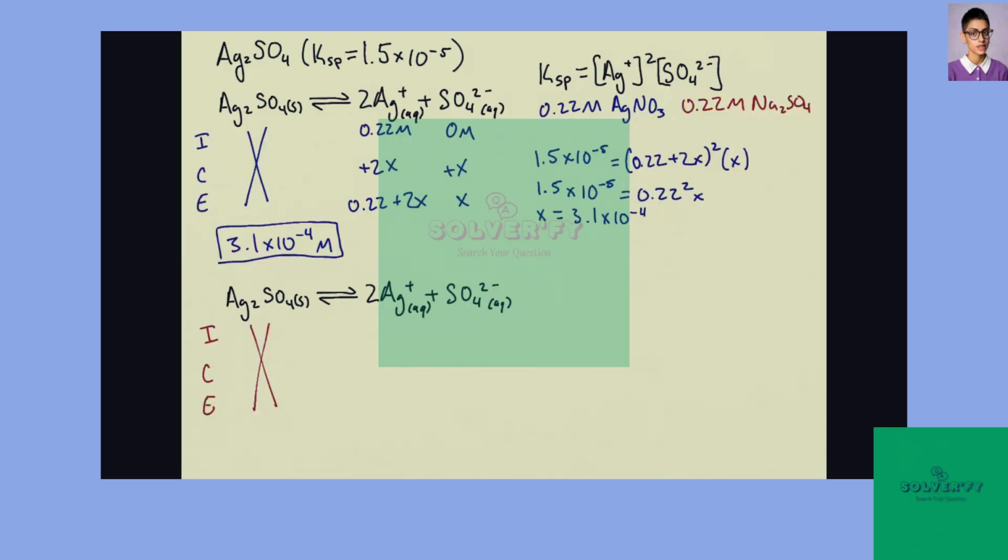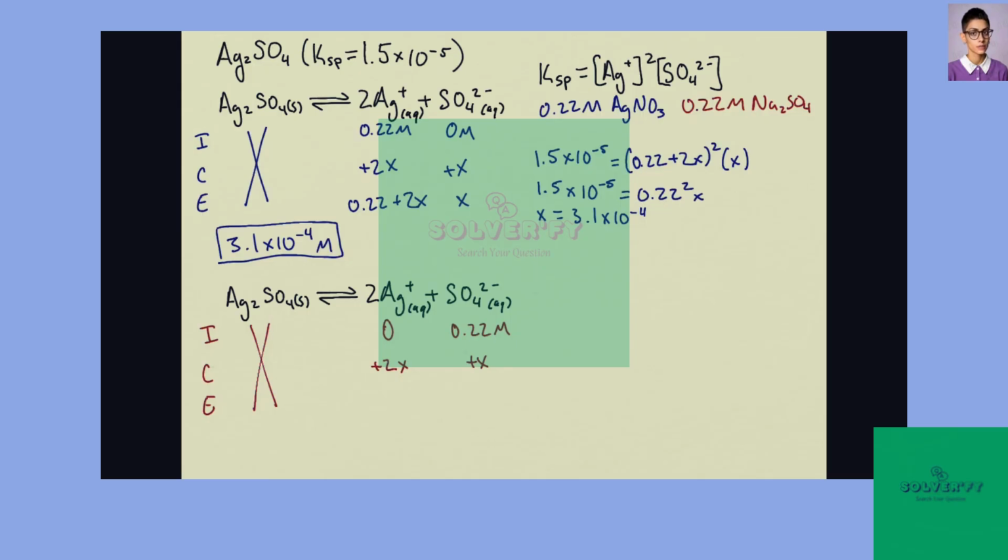Our initial concentration for Ag+ is 0, and our initial concentration for SO4 2- is 0.22 molar, which comes from our 0.22 molar solution of Na2SO4. Our change is the same, so plus 2x, plus x, remembering this 2 because of the coefficient before Ag+.